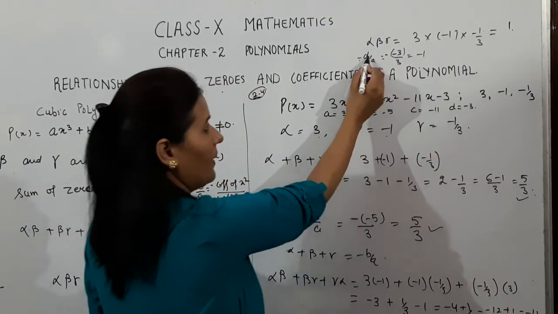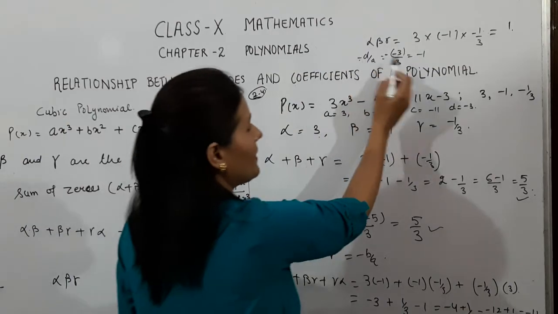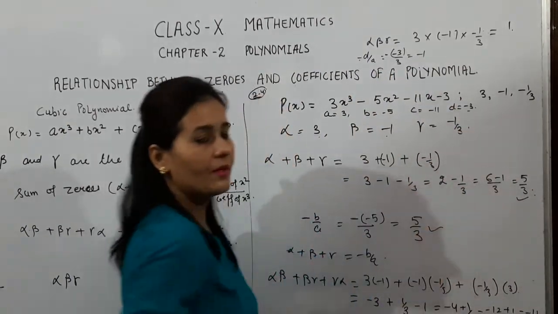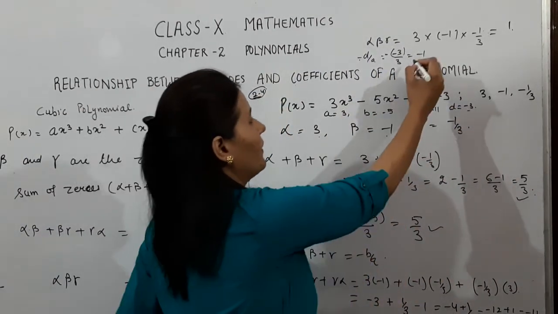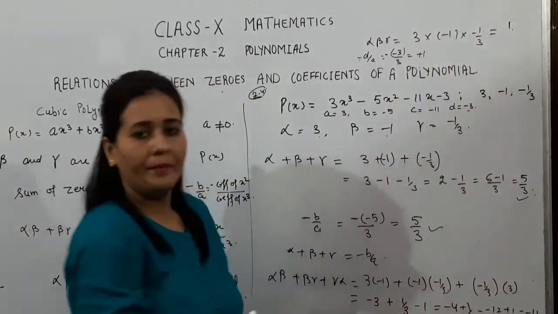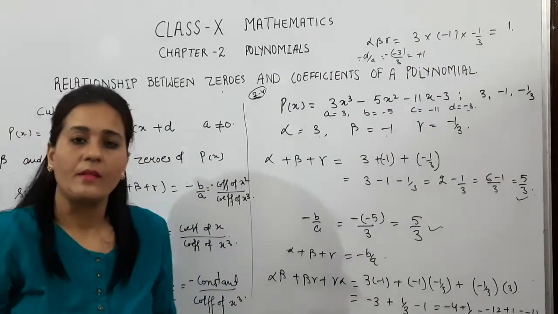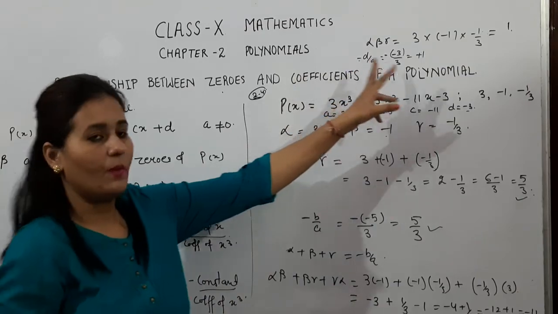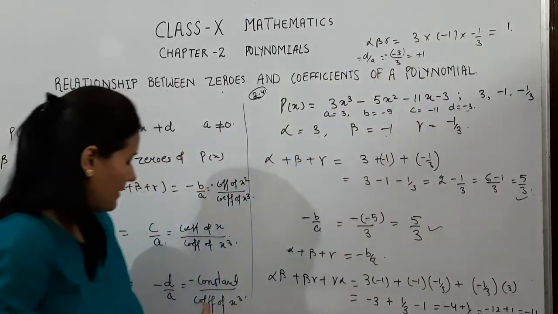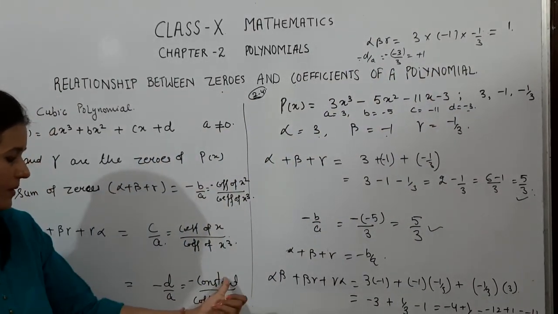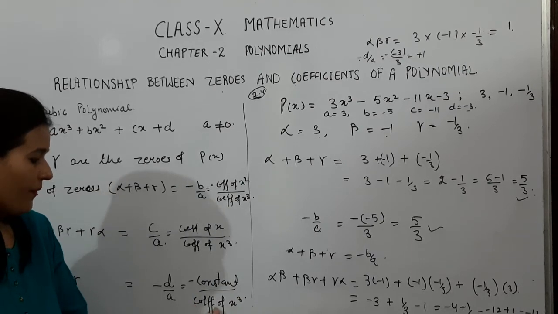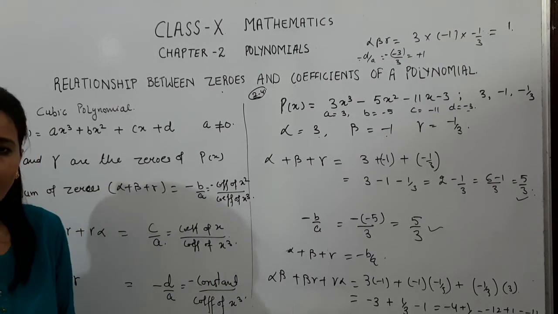Minus is before d, and d is itself negative, so it becomes positive. These two are the same. So the product of zeros is equal to minus d upon a, that is, constant upon coefficient of x cube with the negative sign.